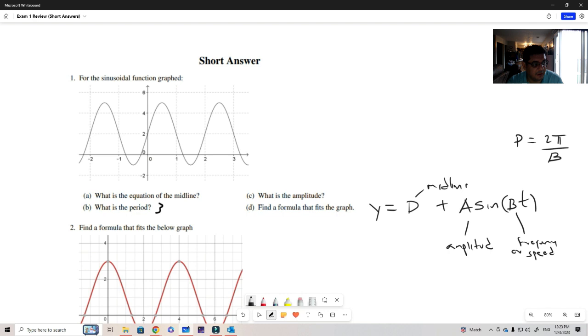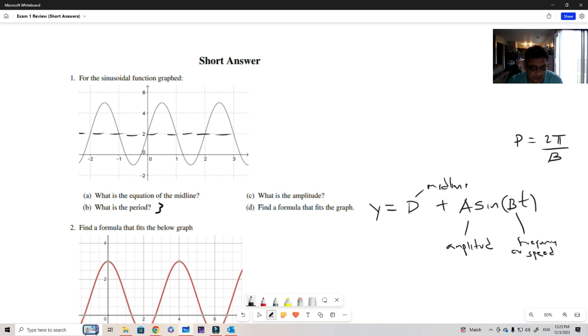And you can see that the midline here is 2. Why? Because the distance from 2 to 5 is going to be 3, and the distance from 2 to -1 is also going to be 3.